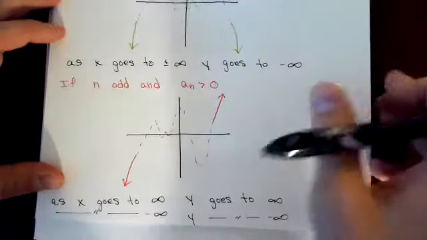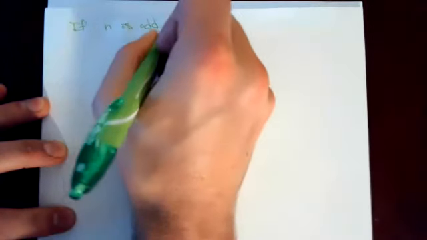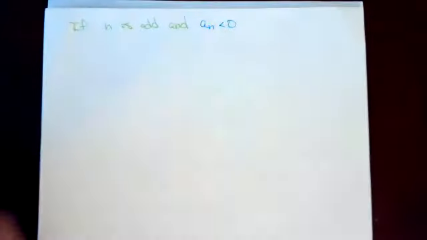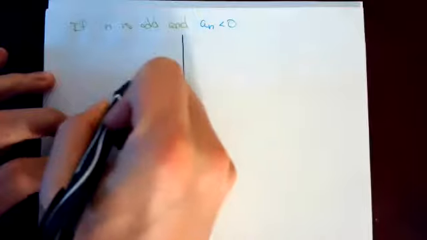And our last case is going to be the vertical flip of that. So if n is odd and the leading coefficient is negative, it just flips.